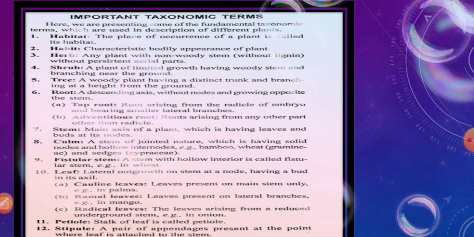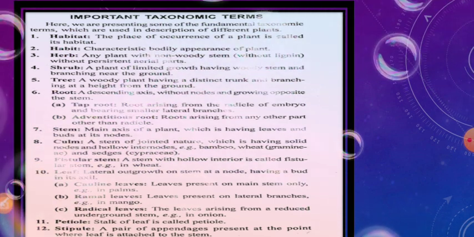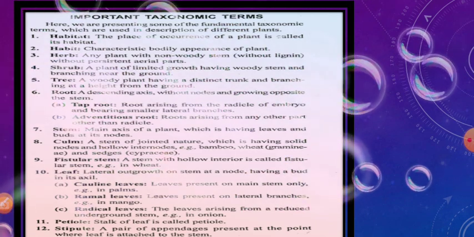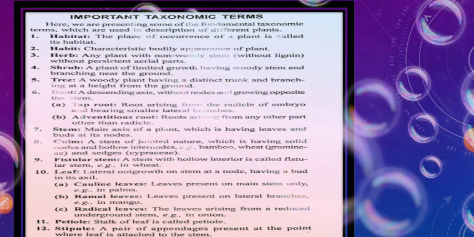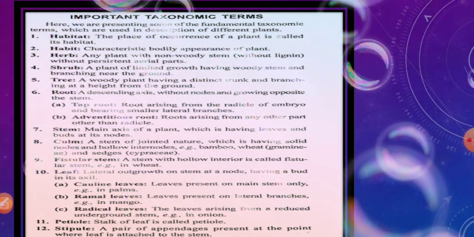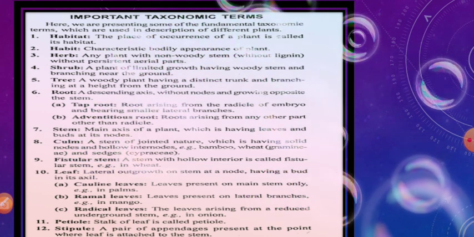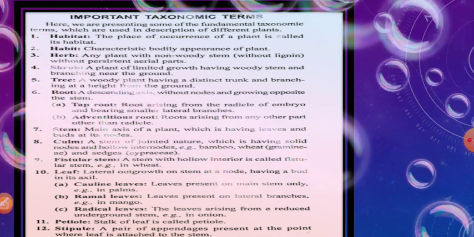For example, in palm-like trees the leaves are present on the main axis, and that type of leaf is known as cauline.